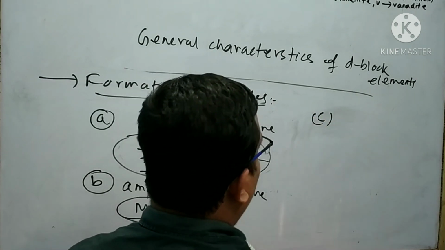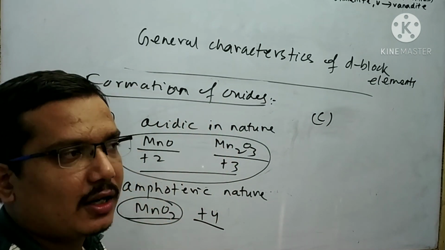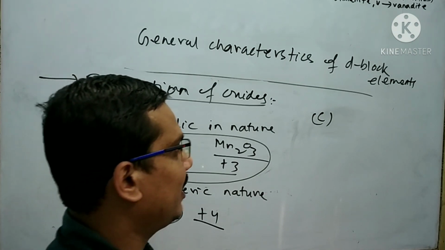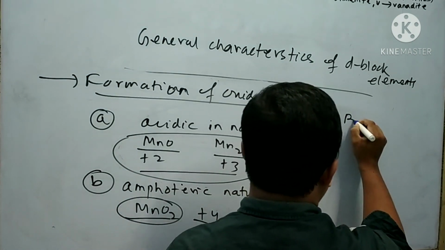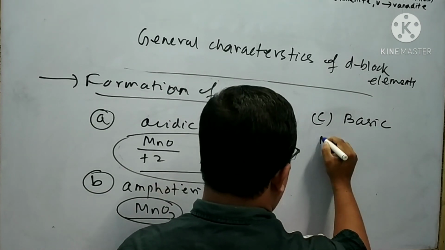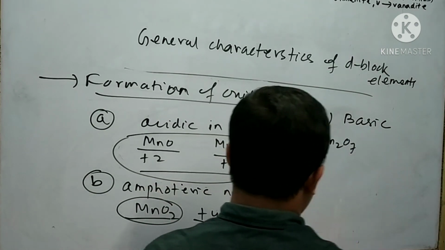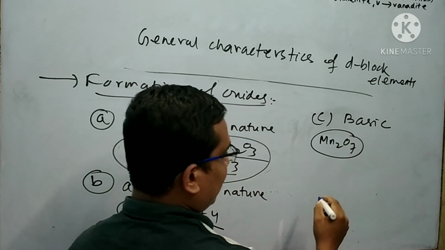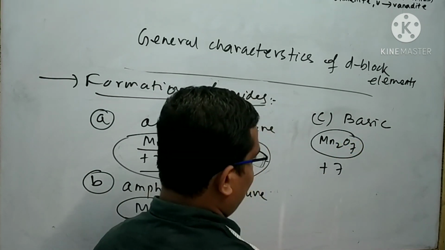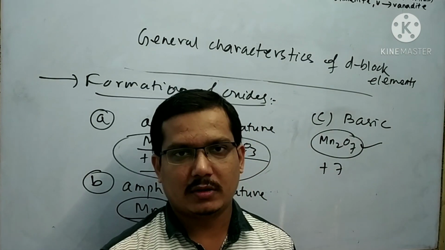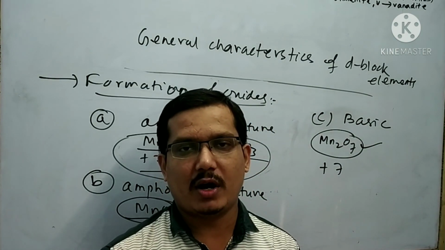Similarly, the oxides in which the transition metal shows a higher oxidation state are generally basic in nature. For example, Mn2O7. In this compound, the oxidation state of manganese is +7 and this compound is basic in nature. This is all about the d block elements.